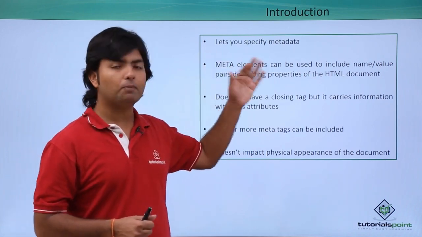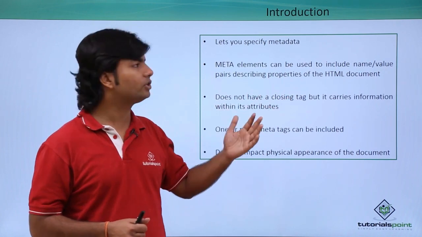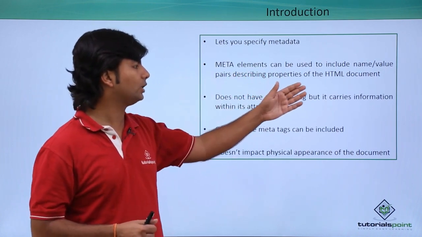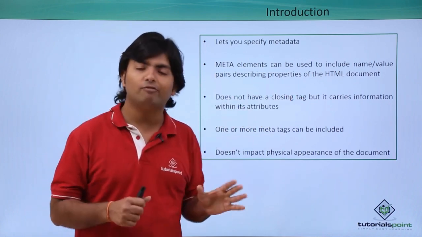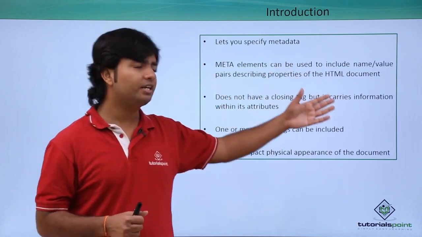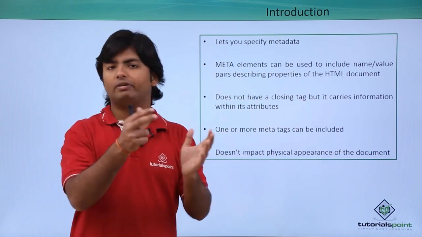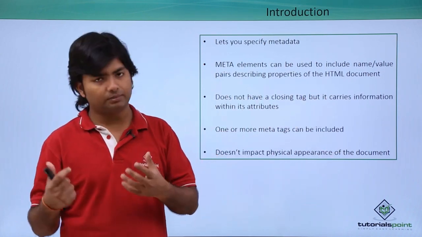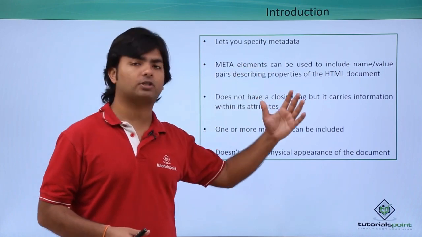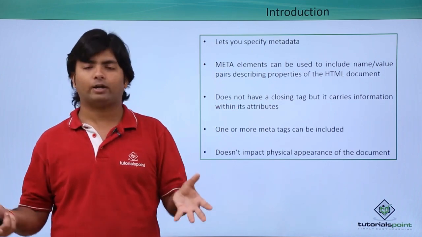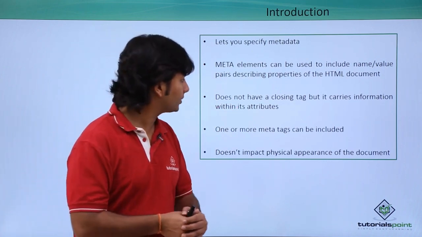So let's specify the metadata, the information about the information. Meta elements can be used to include name value pairs. Name value pairs means the name of a meta tag, like keywords, and the value will be a list of all the keywords. Similarly, if you want to put a description, the name will be description and the value will be the actual description of that particular page.